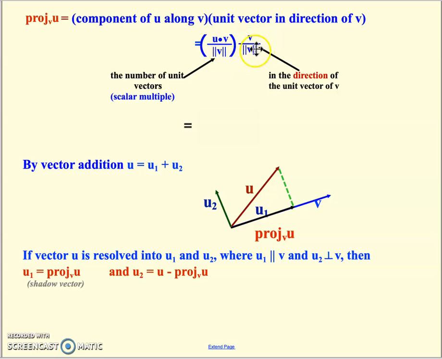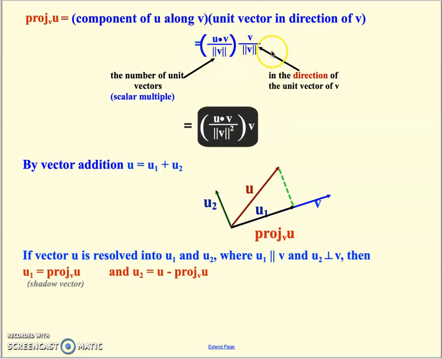But then we've got to multiply it by the unit vector, which gets us headed in the right direction, the same direction as v. So if u1 is the projection vector, we're going to project it onto v and get it going in this direction. The length could be any; if I say this has a length of 10, 10 what? 10 where? 10 in this direction. That's what the unit vector does, because the unit vector is always in the same direction as its original vector.